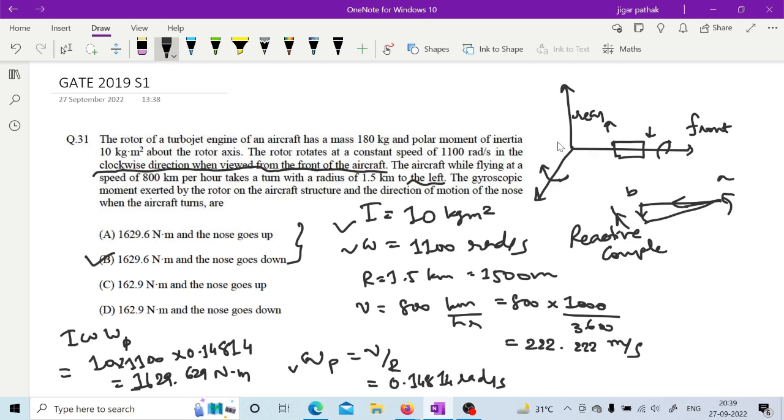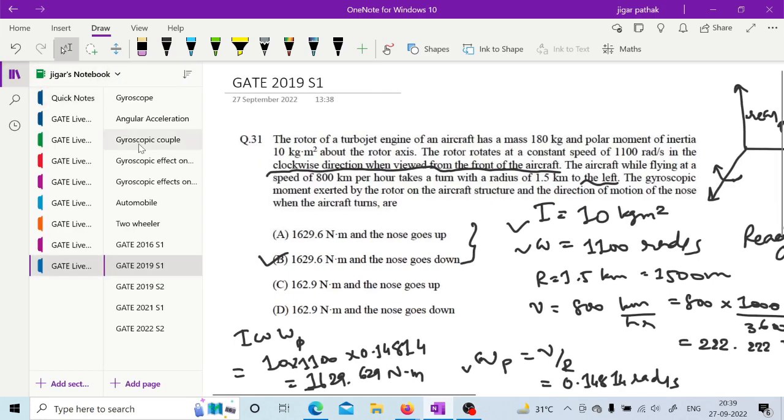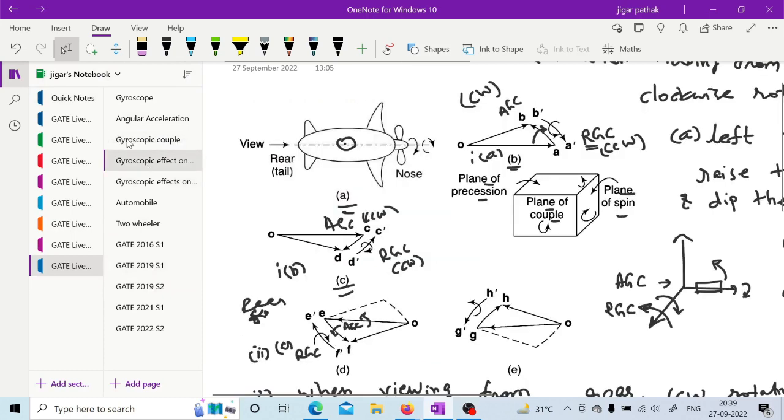When we are viewing from rear, it will be anti-clockwise, right? Yes or no. So if you remember that viewing from the rear and anti-clockwise and taking a left turn, what is happening. So can you see here again in that standard case we have discussed.